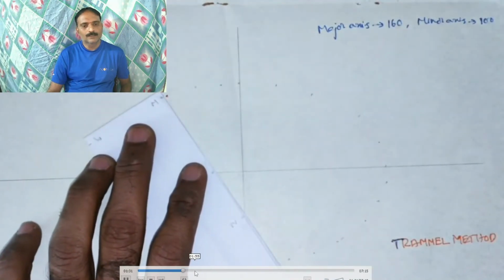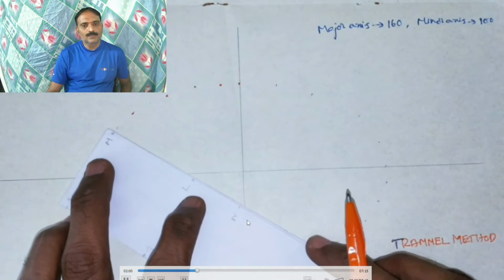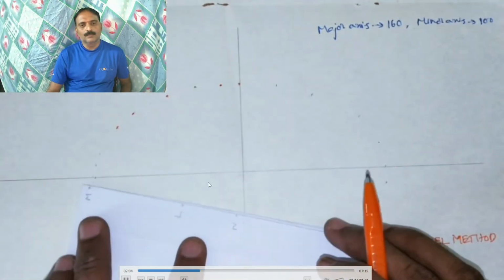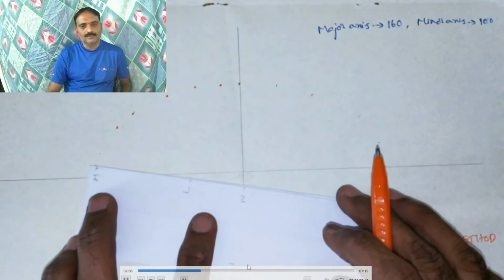Like that, at different positions of this particular trammel, at each position we should take care that L and N coincide with the axes.